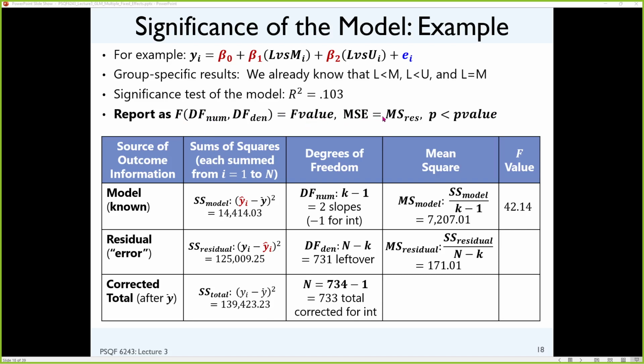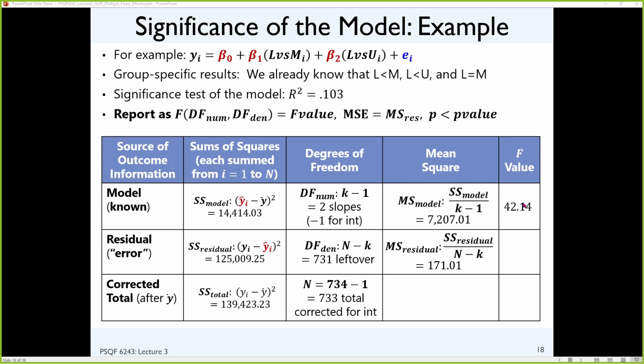Mean square error equals the residual variance, and then p. And then you'll have probably one more drop down with another comma that gives you R square, that ties this whole thing together. And the reason that people report these particular values is because if you have these values, you can reconstruct this entire table by working backwards.